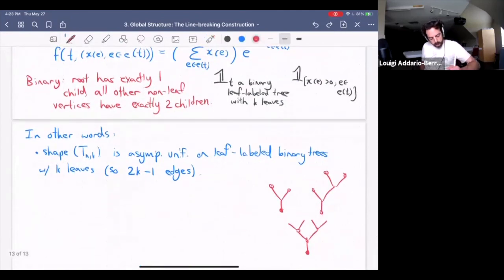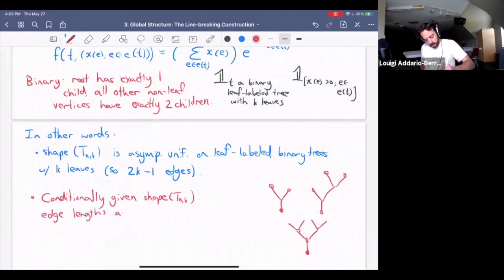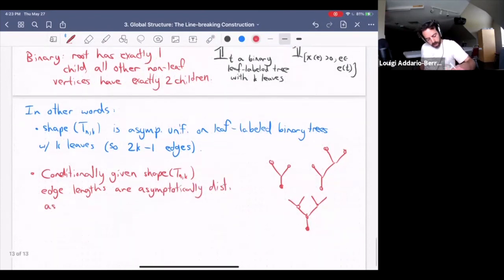The second point is that, conditionally given the shape, the edge lengths are asymptotically distributed as n to the half times some random vector xi_i, i from 1 up to 2k minus 1.